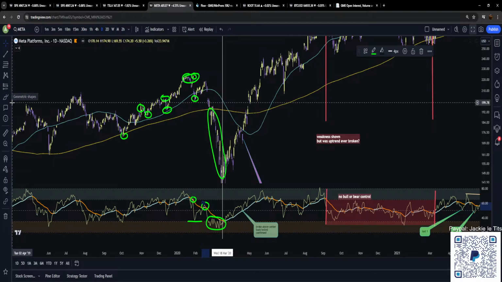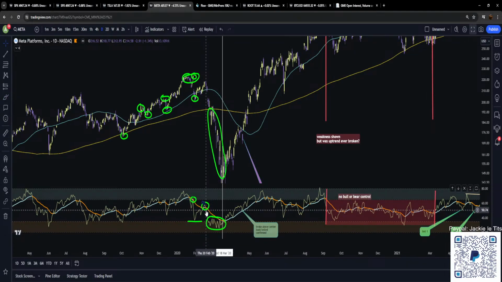So, using our lesson that we just learned about the RSI, the center line, and the EMA, in this moment right here, on this vertical line, I'll make this one a different color for you guys, on the orange, price rejected the EMA and began to slip underneath the center of the RSI.